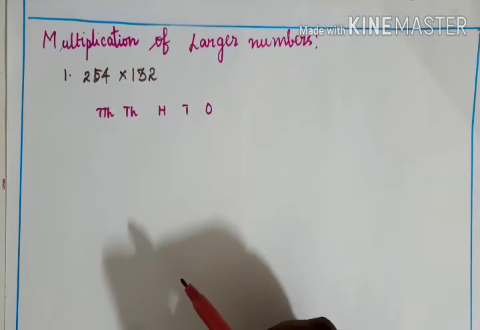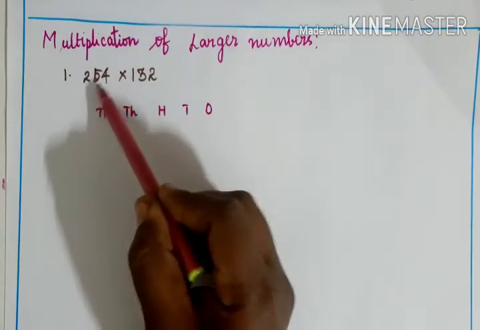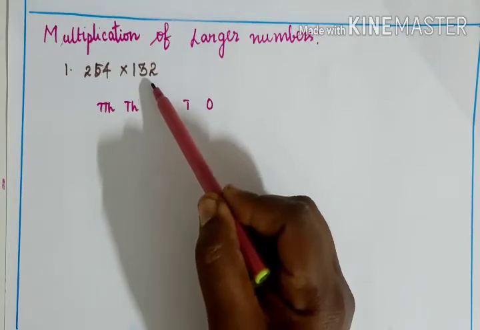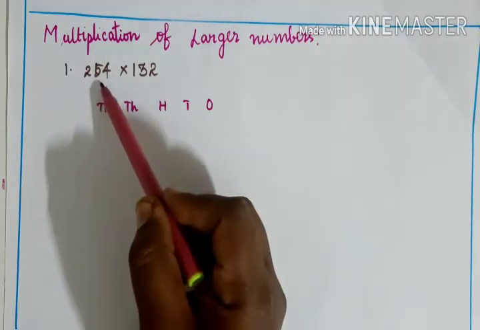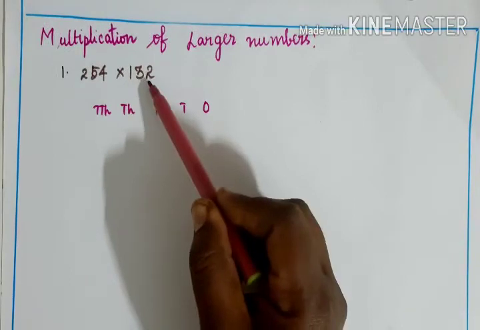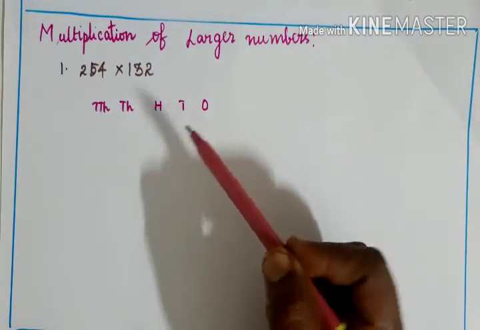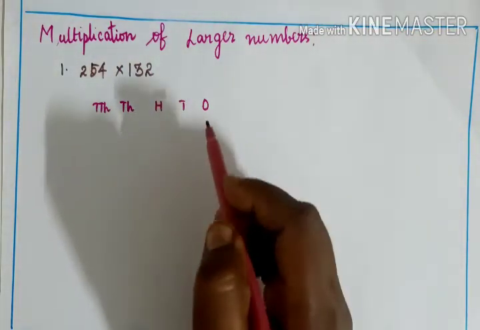Here 254 is the multiplicand and 132 is the multiplier. After writing the place values, you have to arrange your numbers in that order.